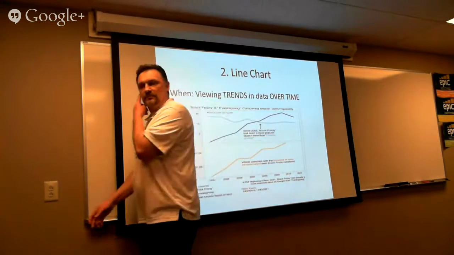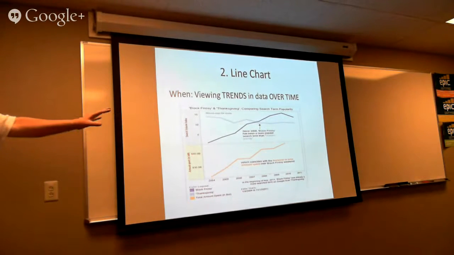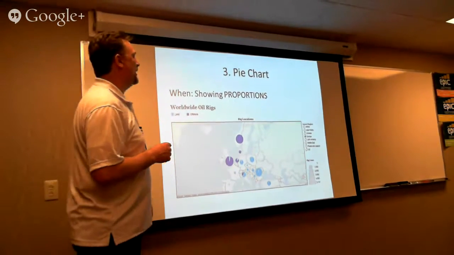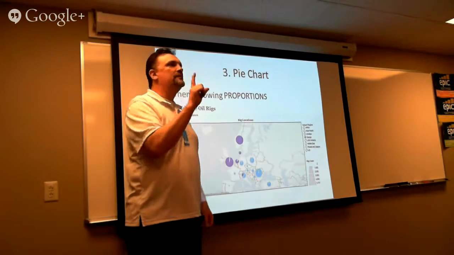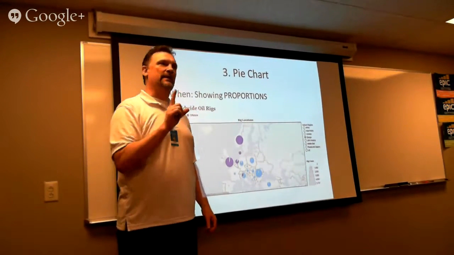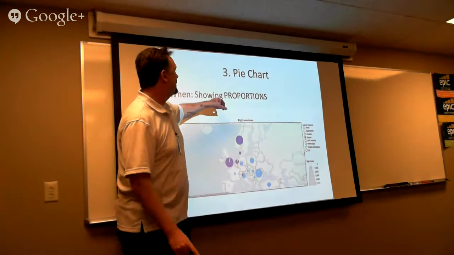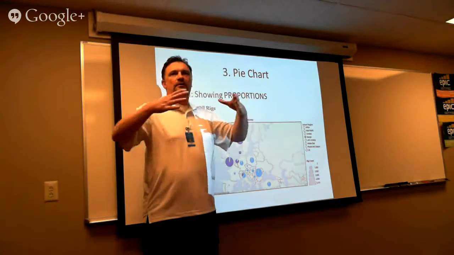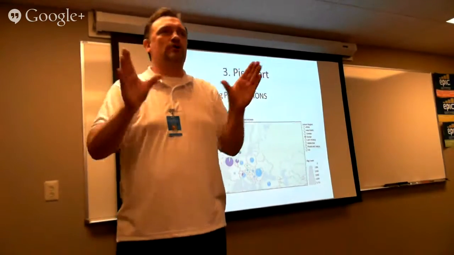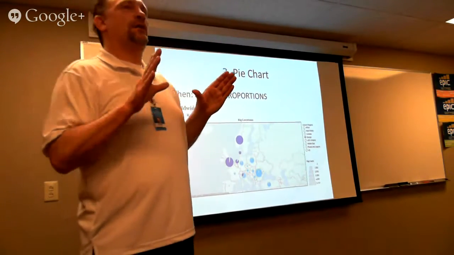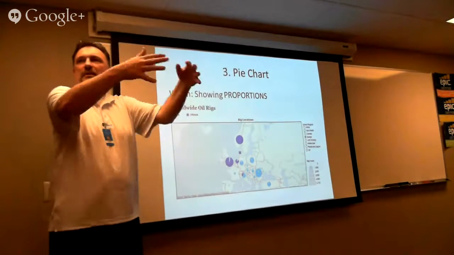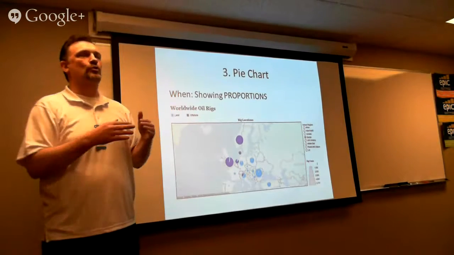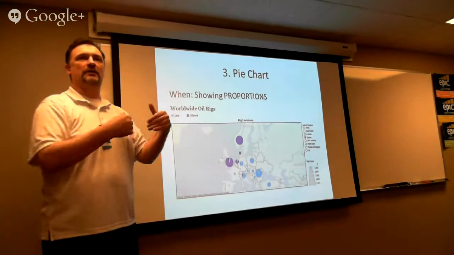But let's get a little bit of this background. Pie chart. Okay. All of these have a key thing, and the key thing with a pie chart is proportions. The way you ought to think about a pie chart is that the pie is 100%. The pie is everything, and each slice that you show is a proportion of everything.